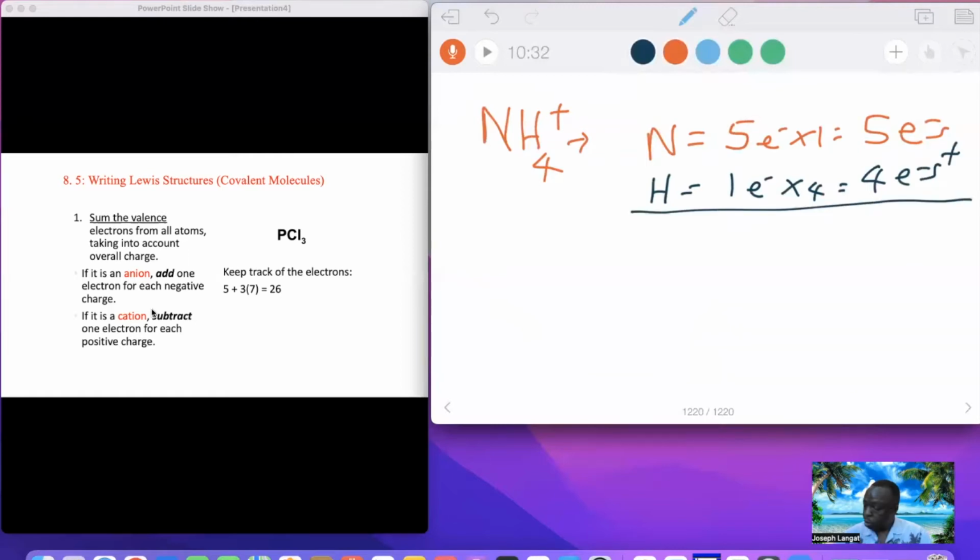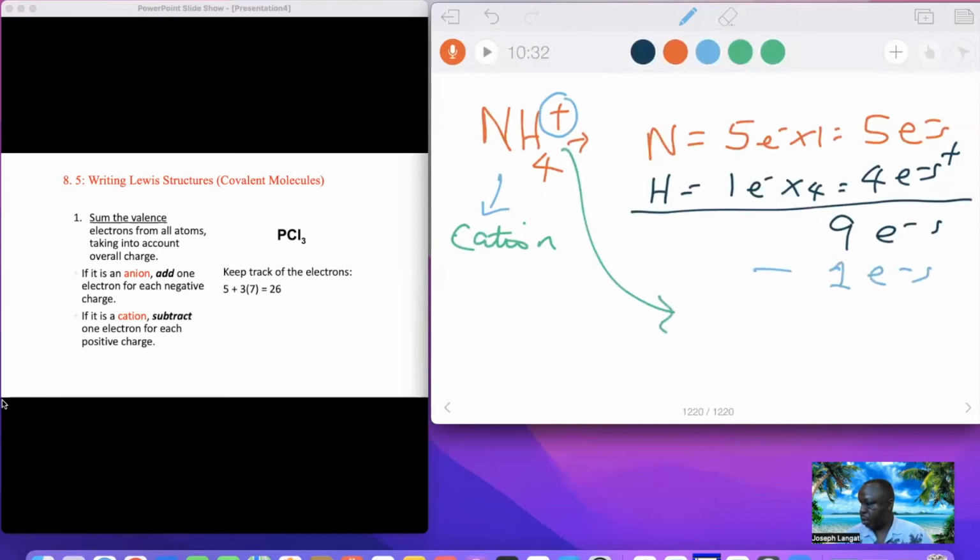If we add, this will be 9 electrons. The overall charge of positive 1 means we have to subtract 1 electron, since this is a cation, positively charged. You say minus 1 electron. If it is plus 2, then you subtract 2. So this is 8 valence electrons to work with.